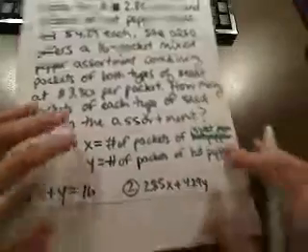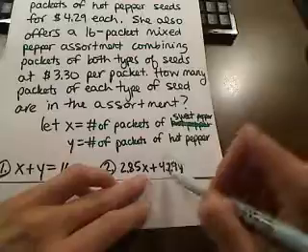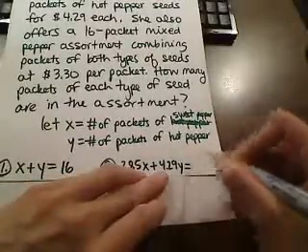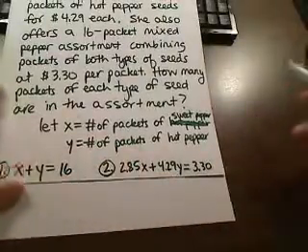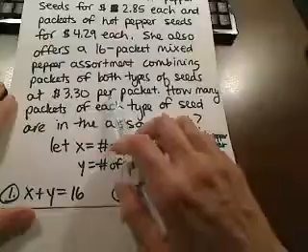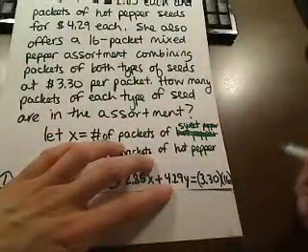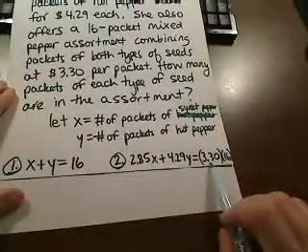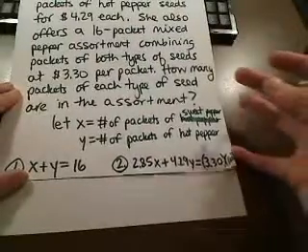This has got to be equal to the total. But they don't actually give you the total in this problem. They give you that it's $3.30 per packet, and we know that we have 16 packets here. So you'll have to calculate your total by taking $3.30 per packet times 16 packets.